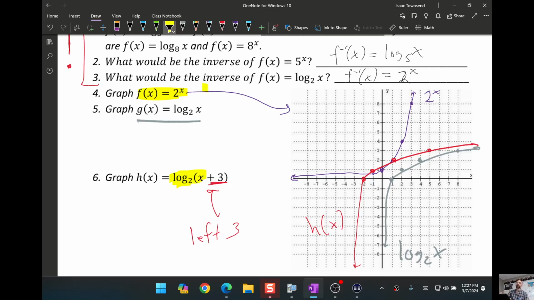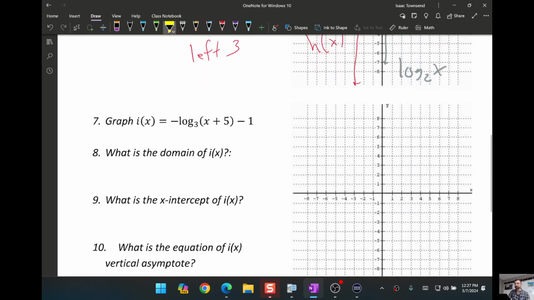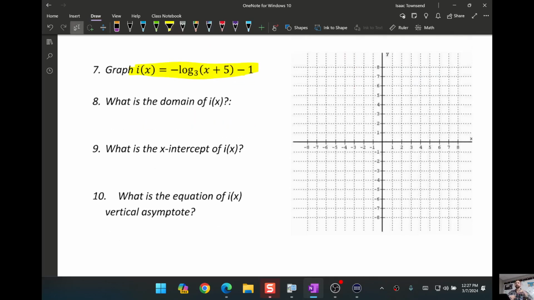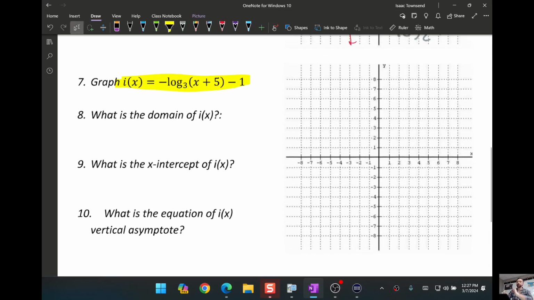Okay, now normally you're not going to have these leading questions. A lot of the times it's going to be like this. So if I was trying to graph this, and again this has quite a few transformations, but that just makes it a longer question, not a more difficult question. But within all this mess, its inverse would be 3 to the x, which I can graph quickly.